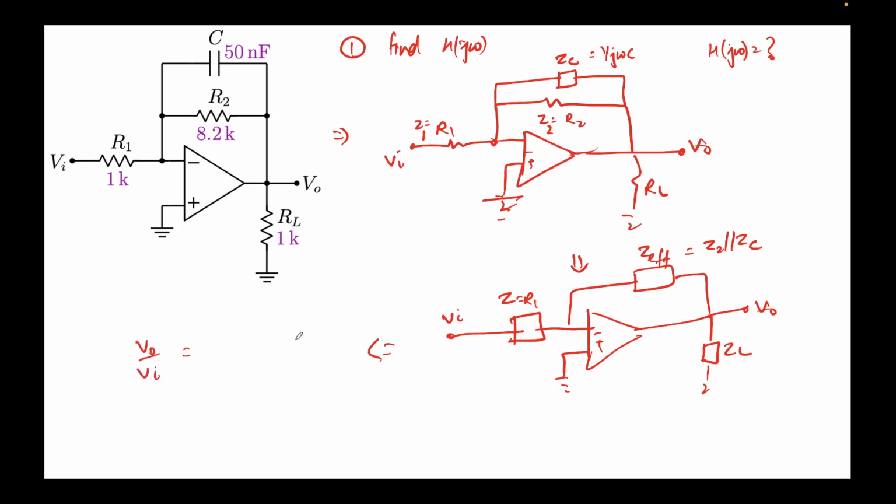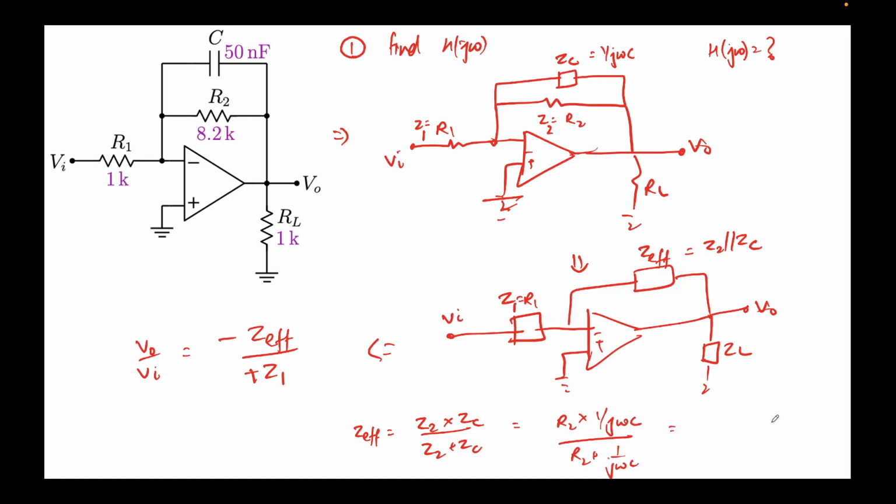The gain V0 upon Vi is the feedback circuit impedance, which is minus Z effective divided by Z1. This is Z1, right? So now I just need to find out the value of Z effective. Okay, so let's do that. Z effective would be Z2 times ZC over Z2 plus ZC. Very straightforward. So it will be R2 times 1 upon j omega c divided by R2 plus 1 upon j omega c.